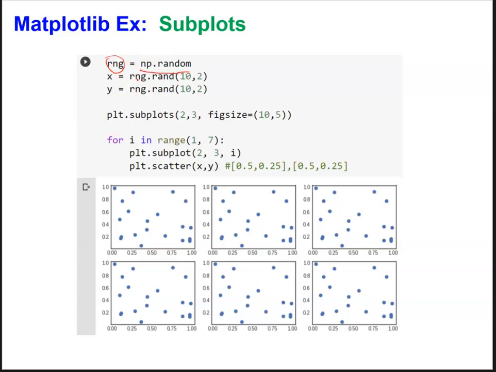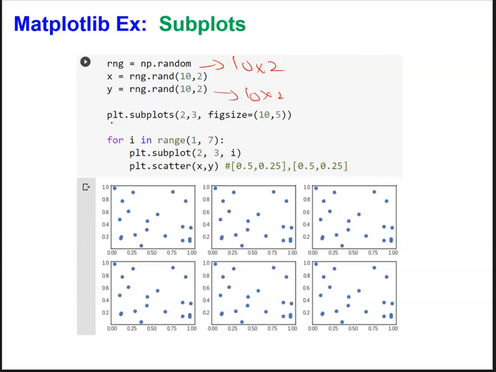You can just type np.random.rand over here also. This is just for abbreviation. This is going to generate a matrix of 10 rows and 2 columns, random numbers between 0 and 1, so this is a 10 by 2 matrix. This is also a 10 by 2 matrix, just to create sample points.